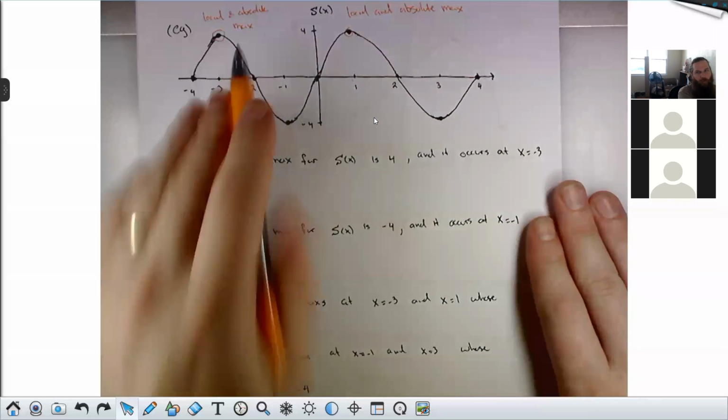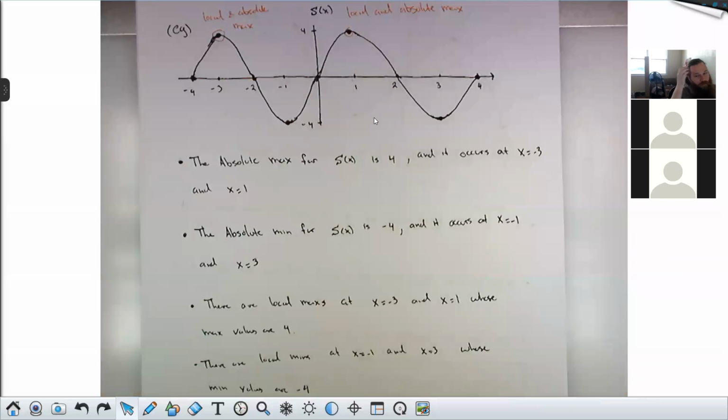I can't have more than one max value. In other words, I can't have more than one y value being the biggest, but I can have one biggest y value show up multiple times on the graph. So here, these are both points where our max value is attained. And they happen to both be local and absolute maxes. These are local and absolute minima.